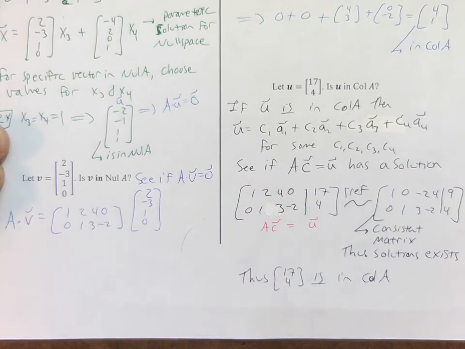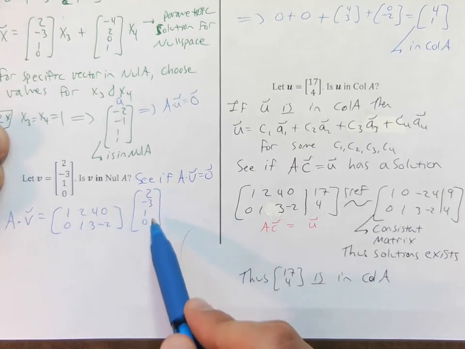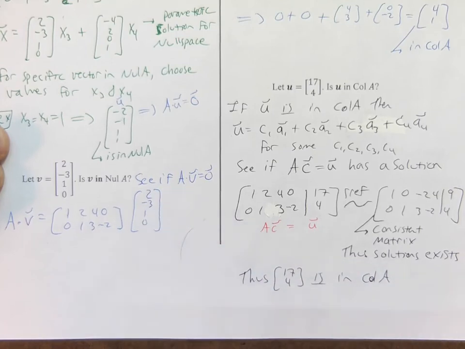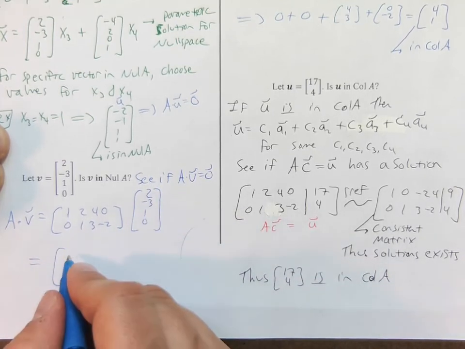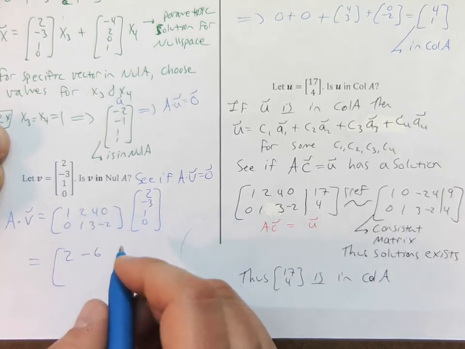And you multiply each entry in the first row by each entry in the column, and then you add them together. Each entry in the second row multiplies each entry in the column, and so we'd get this then. Right? The 2 multiplies the 1, the -3 multiplies the 2.